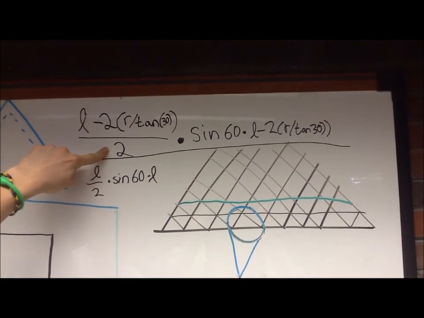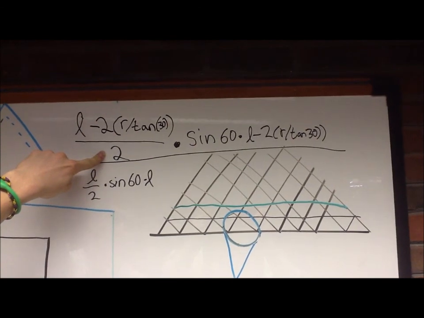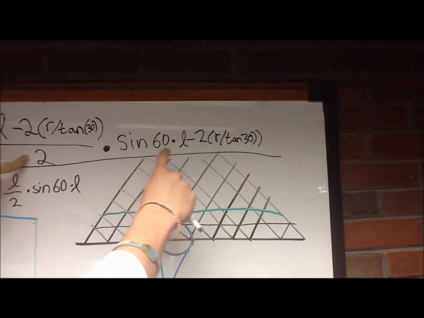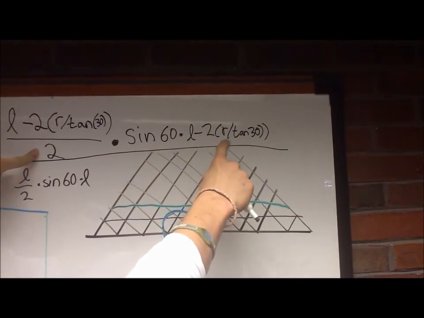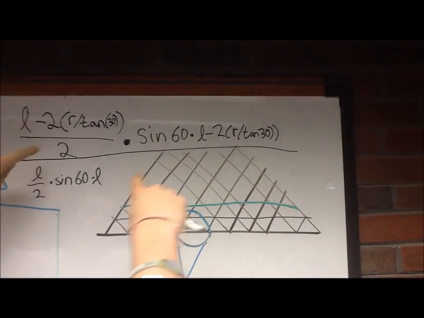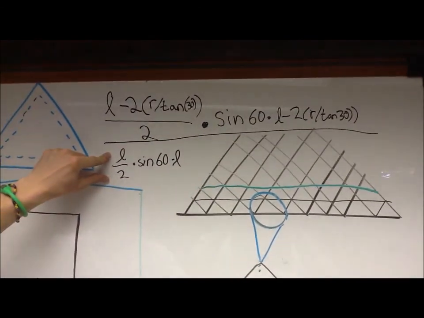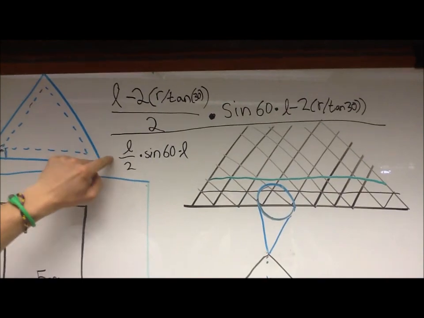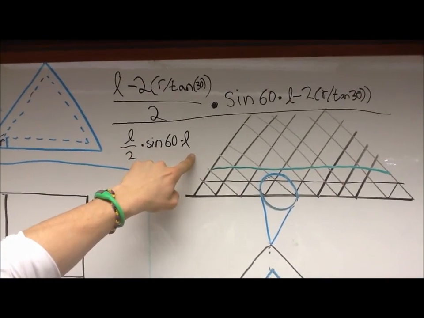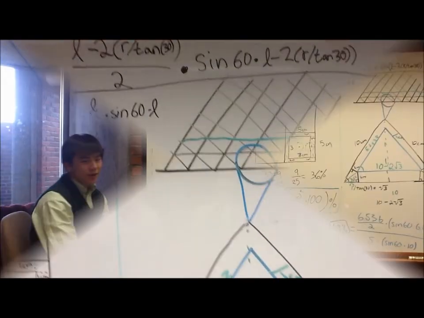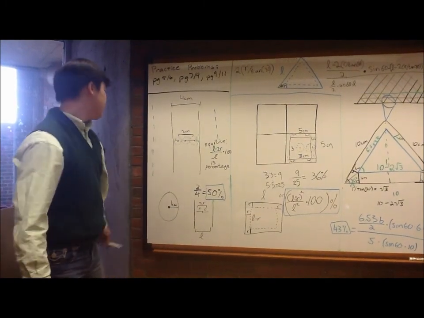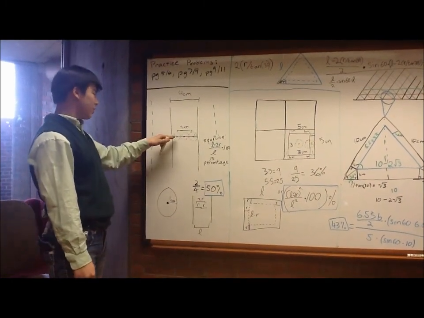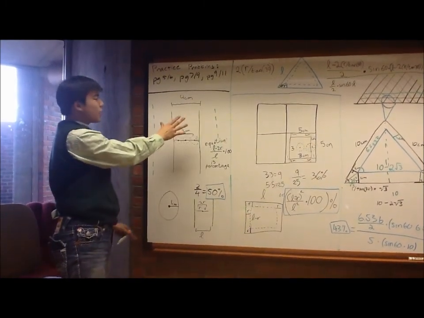That's going to get you 1/2 the base of the smaller triangle times the sine 60 times (L minus 2R divided by tan 30), and then all over the area of the larger triangle, which is L over 2 times sine 60 times L.